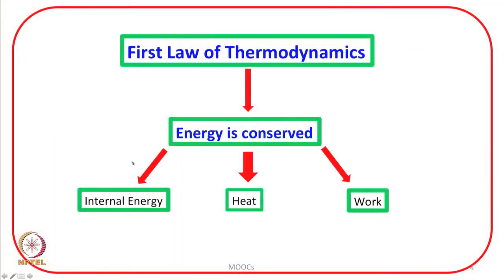And that is what is represented in this slide, that the total energy of the system is conserved. Any change in the internal energy, which is the total energy of the system added up in all the forms, can be used up either as heat or by doing work, and that was the first law of thermodynamics.